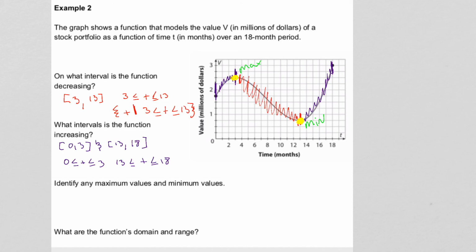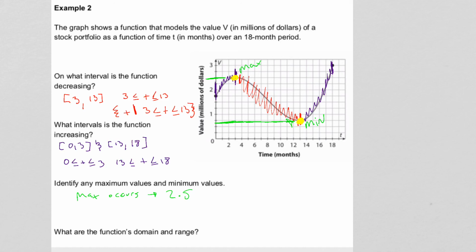So what are the min and max values? So it looks like a max occurs, and we want to know the value of y that it occurs at. So it occurs at, what is this value here? That looks like 2.5. And a min occurs, what is the y value there at that min?